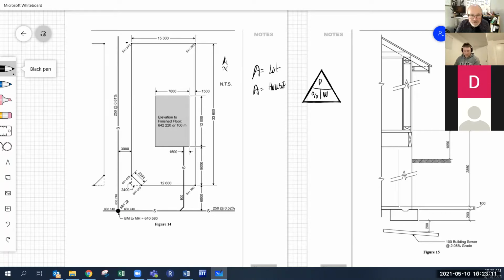Put your answer in the chat. The house is the part and the lot is the whole. That is correct, Connor.